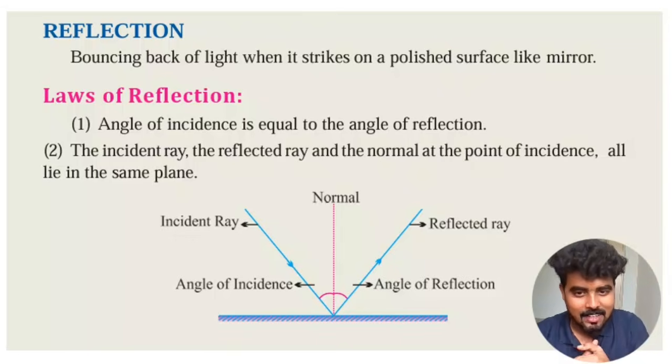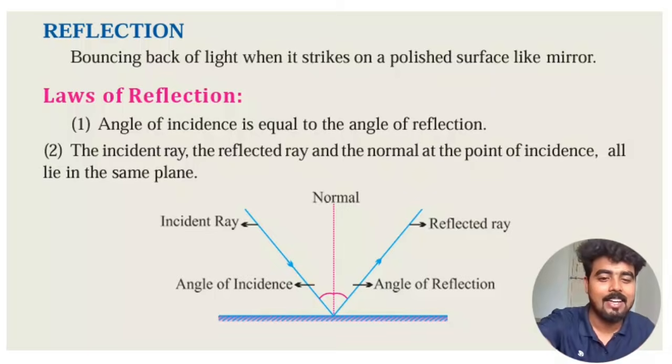Next, the second law: the incident light, reflected light, and the normal all lie on the same plane. Again, the incident ray, the normal, and the reflected ray lie on the same plane.